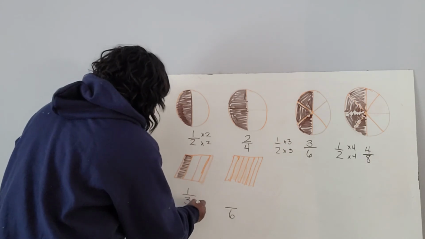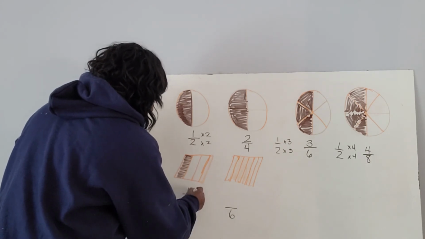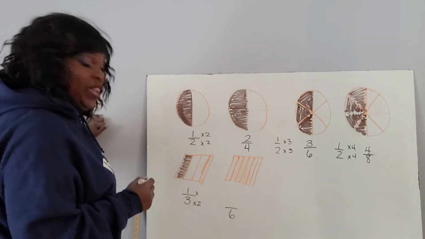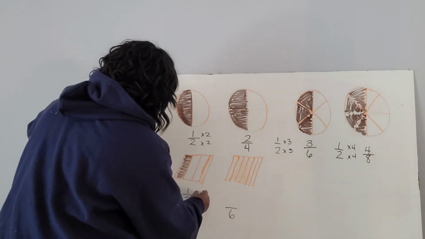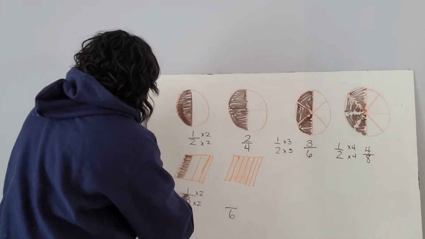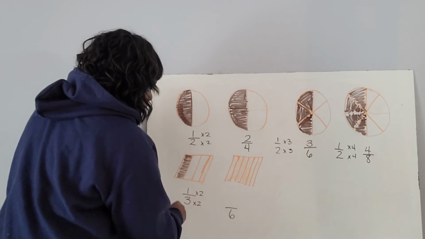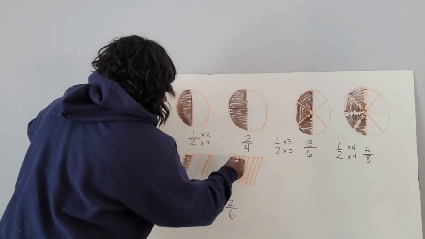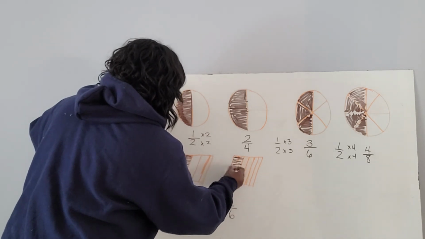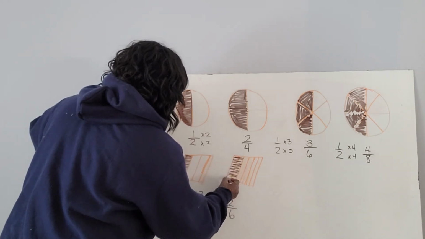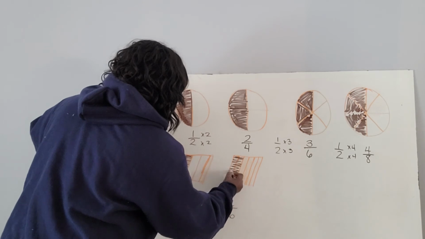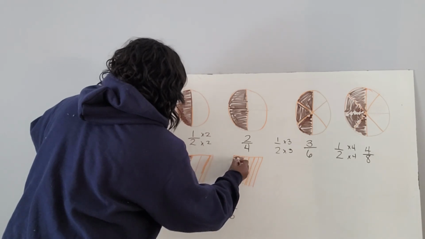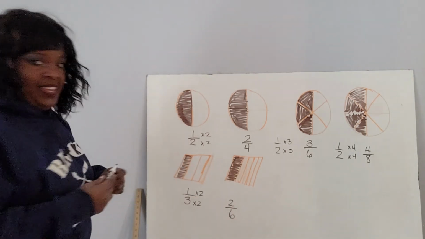We would multiply by 2, so guess what we have to do to the top? We have to multiply by 2 again. And then 1 times 2 equals 2, right? Not 3, 2. So I would color in 2 of these so that it looks like one of these.